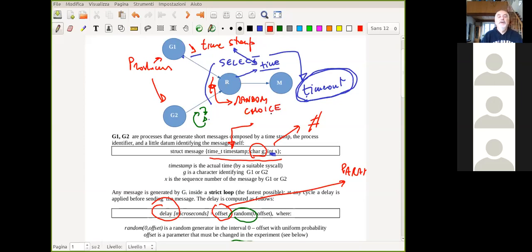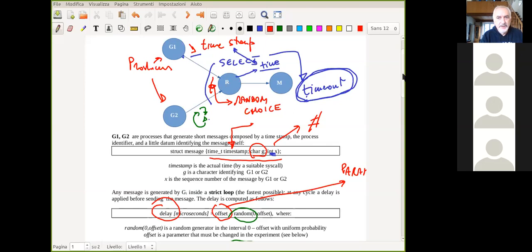Every time you have pipes or file descriptors in general, sockets you will see starting from next week, so network communication, and you have to choose one file descriptor with data using the select, not only you have to wait with the timeout and until you go back and wait again, but also in case more than one has data, you have to choose randomly, not deterministically. So you have to put the random function to decide which one.